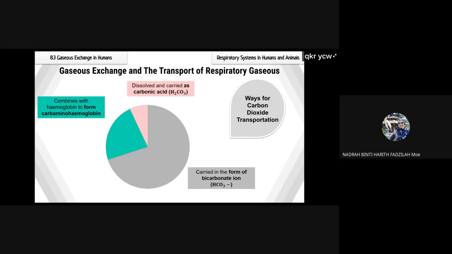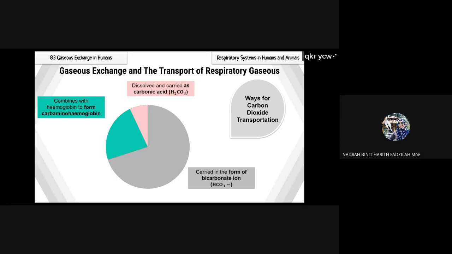There is one more thing I forgot to show here. Why carried in the form of ions? Because when carbonic acid dissolves in water inside the blood plasma, it will separate to form two ions, H+ and HCO3-. So the majority of carbon dioxide is carried in ionic form, H+ and HCO3-. So where is the carbon dioxide?